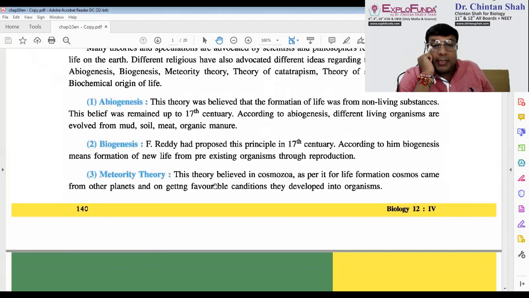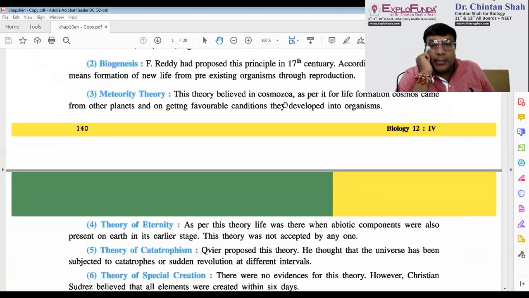Biogenesis: the meteorite theory was also there, which believed that the cosmozoa, as per life formation, came from another planet and, getting favorable conditions, developed into organisms. It's just like Rakesh Roshan's movie Koi Mil Gaya.